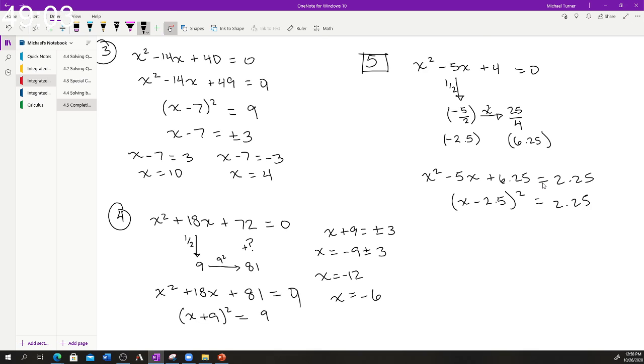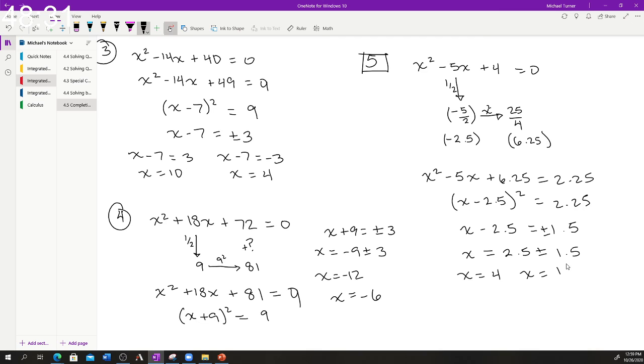So our last step, I'm going to take the square root on both sides. I get x minus 2.5 equals plus or minus 1.5, since the square root of 2.25 is 1.5. Add 2.5 on both sides, and I end up with x equals 4 and x equals 1.